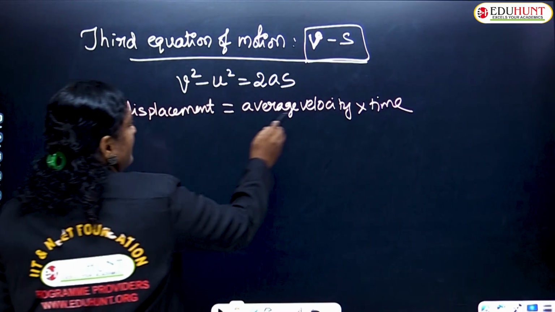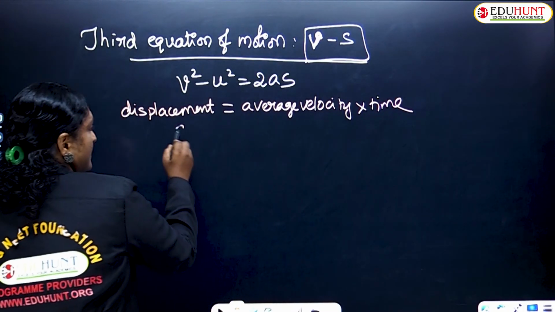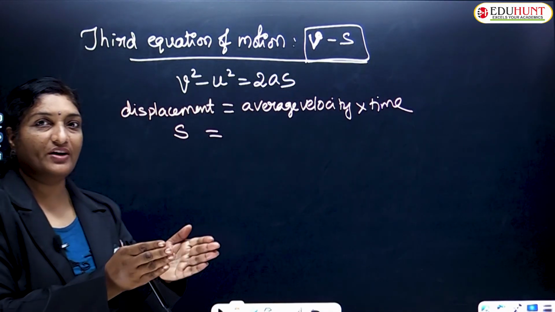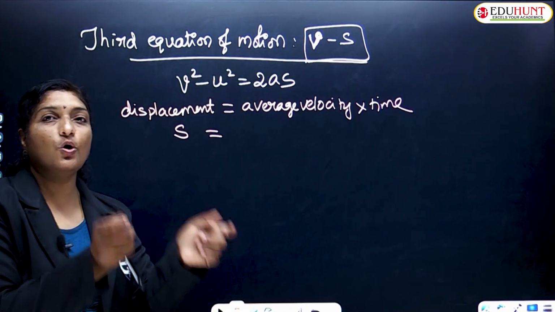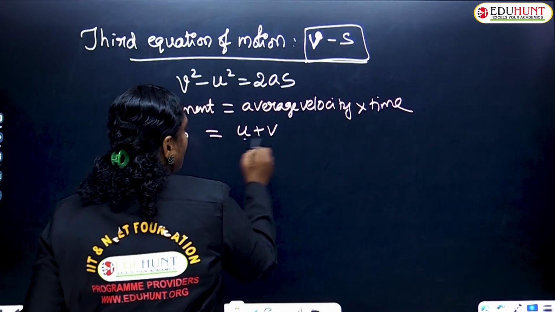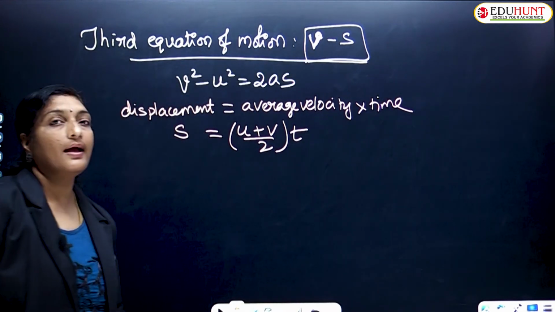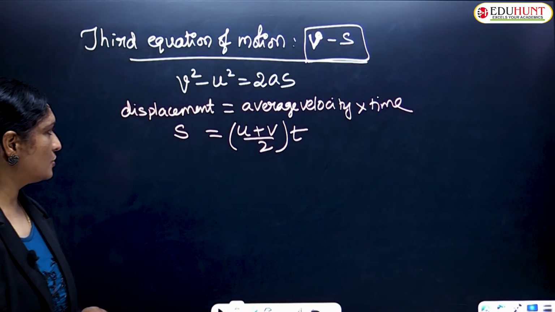Displacement is indicated with the letter s. Average velocity is the average of two different velocities, u and v. What is the average of these two? u plus v by 2, into time t. Hence s equals u plus v by 2 into t.